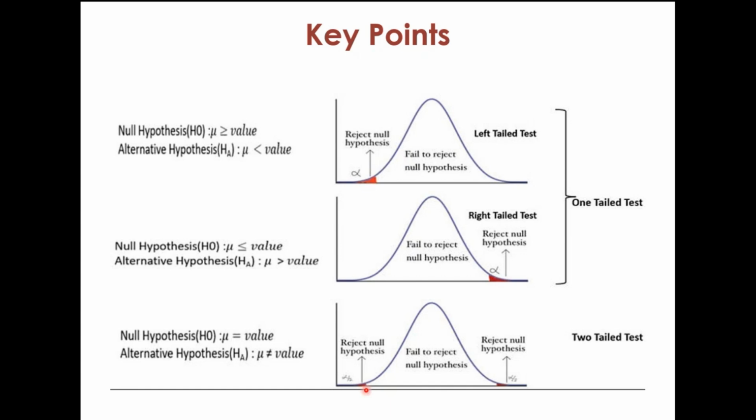So it is the z value that becomes the boundary that separates the shaded and unshaded area. If your calculated value is to the right of this critical value or to the left of the negative critical value, that means you're not confident with your null hypothesis, you should reject it. But if the value happens anywhere along this area, then you should accept the null hypothesis. You cannot reject it. All right.